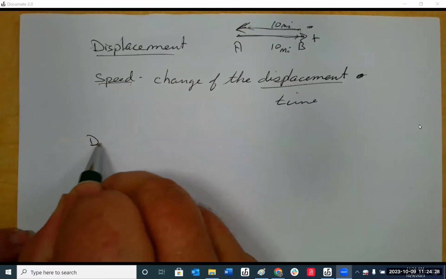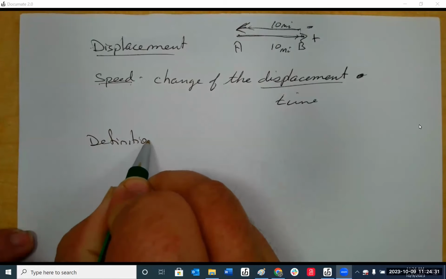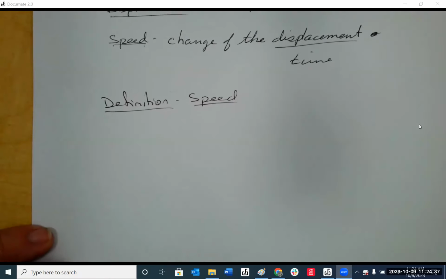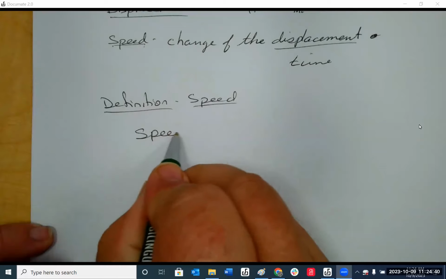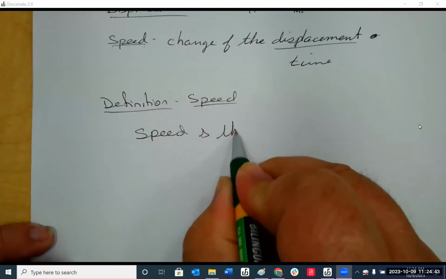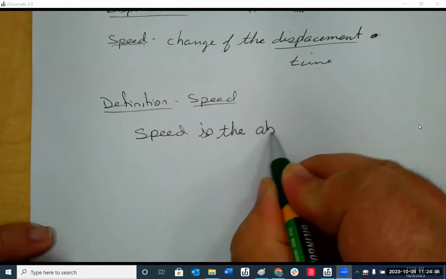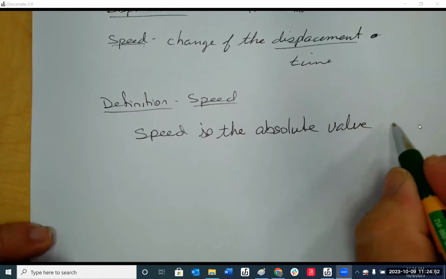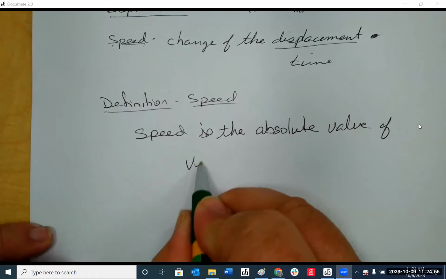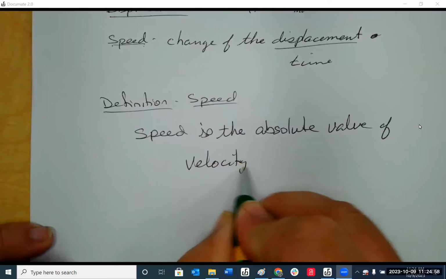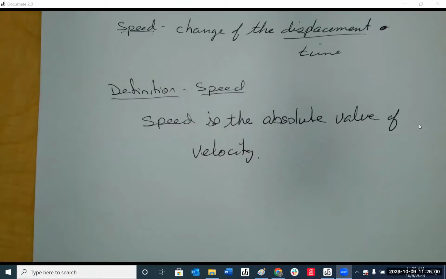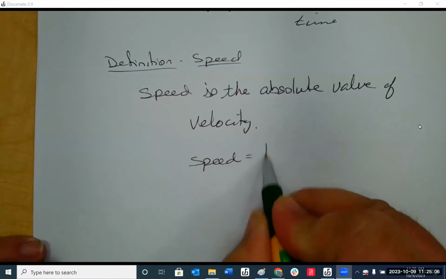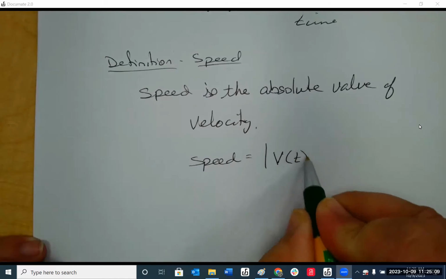So let's define speed. Speed is the absolute value of velocity.